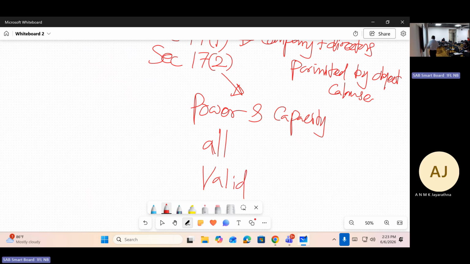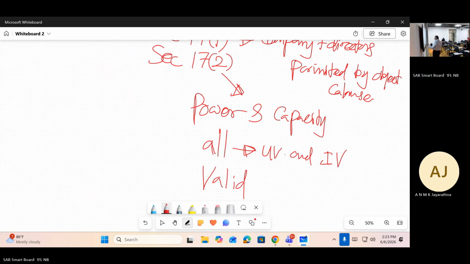All the transactions means ultra vires and intra vires both. All the transactions are valid.